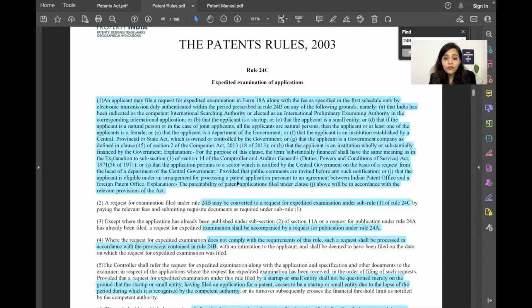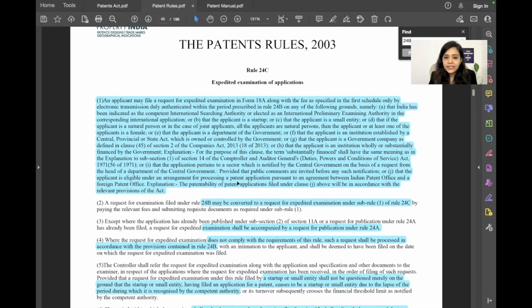Now, you have to be careful here that it is written applicant is a female. It is not written that inventor is a female. So even if an inventor is a female, this provision is not applicable. This is only applicable if at least one of the applicants is a female.